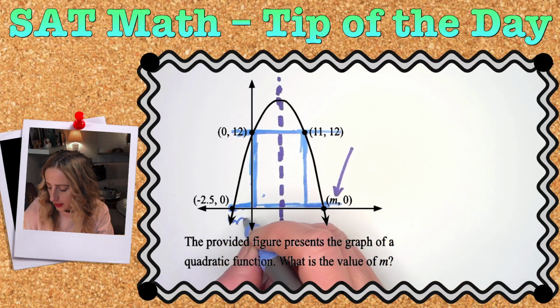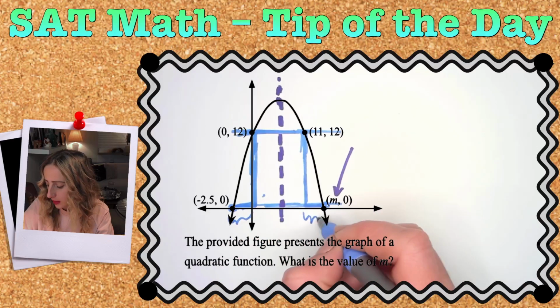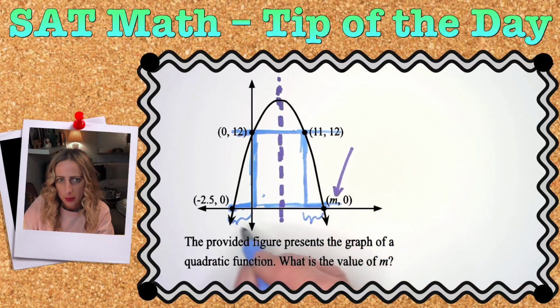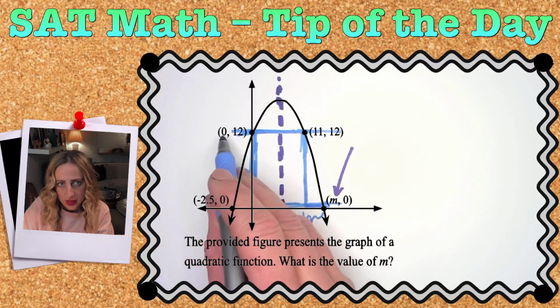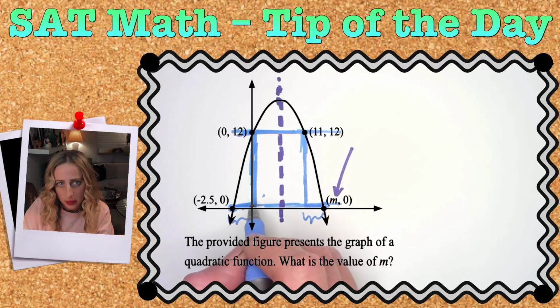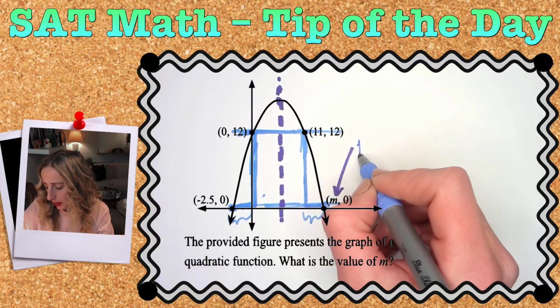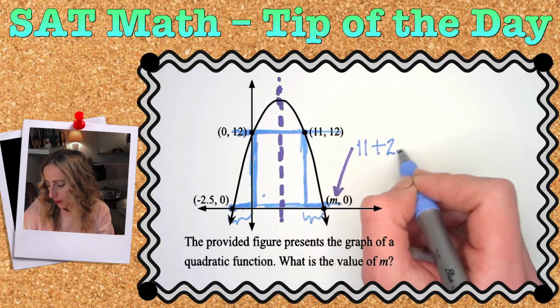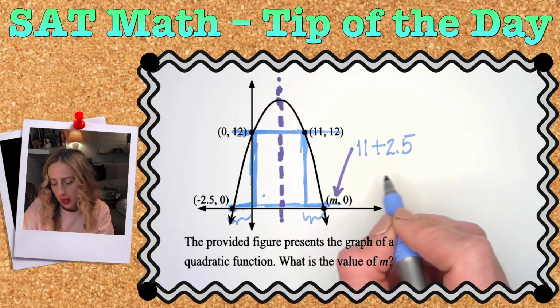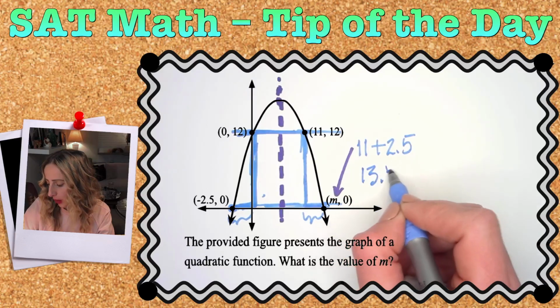So this little distance right here and this little distance right here on both sides is 2.5, being that this was 0 and then this is negative 2.5. So what does that tell me about m? Well, m is going to equal 11 plus 2.5, and that gives you 13.5.